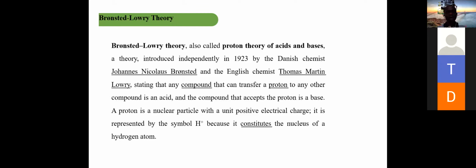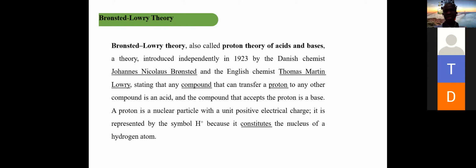After the Arrhenius theory was found to be deficient, not deceptive. Deceptive means deceit. The theory was found to be deficient in some areas because, like I told you, if you go strictly by Arrhenius theory, then NH3 ammonia cannot be considered a base, because he said the compound that you call a base must contain OH in it.